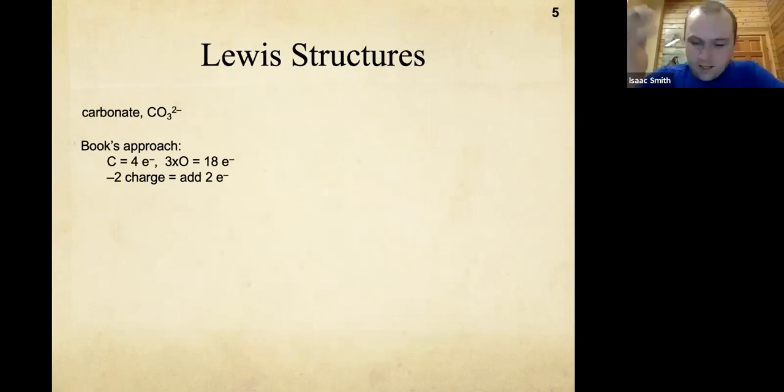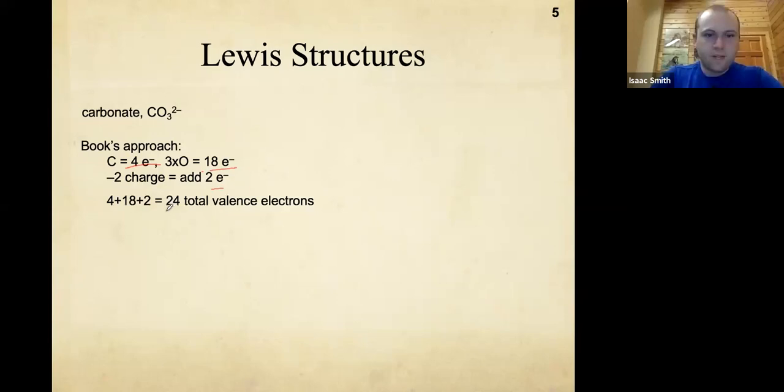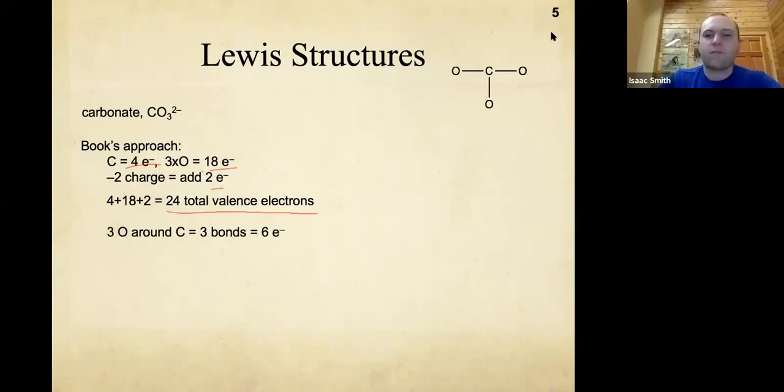If you're using the book approach in this one, you could say carbon has 4 valence electrons and oxygen has 6 valence electrons times 3 is 18. We have a 2 minus charge, so we add 2. 4 plus 18 plus 2 is 24 total valence electrons. So then you draw all the atoms connected by 1 bond, right?